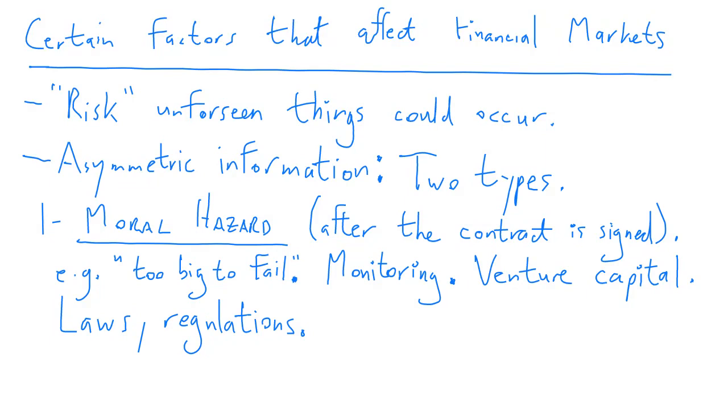Remember that there are, broadly speaking, two kinds of contracts, two kinds of assets, based on how the payments are structured. One is what we called debt, which generally means that there are fixed payments.